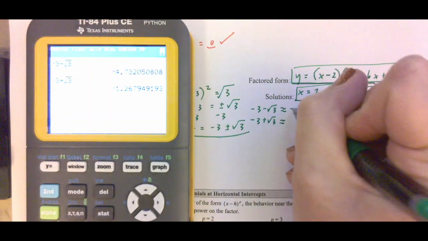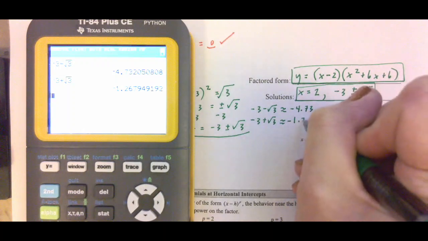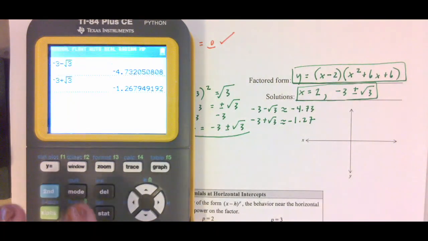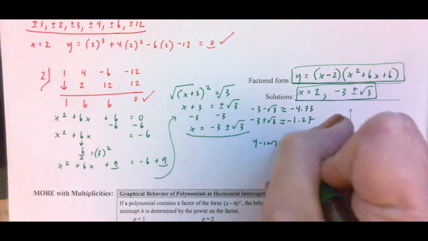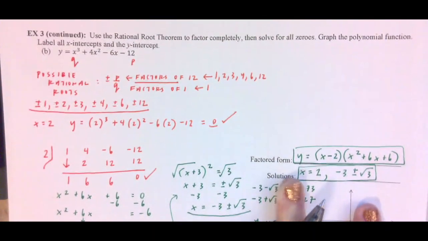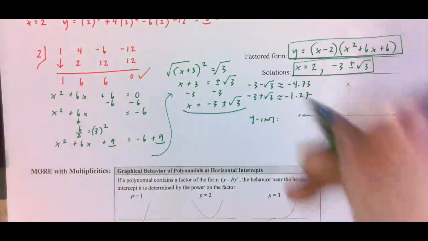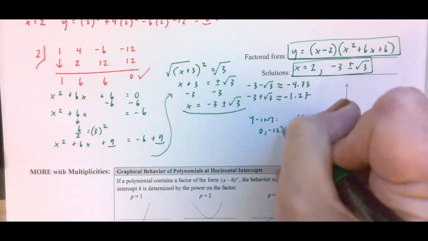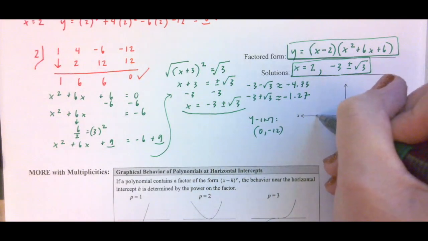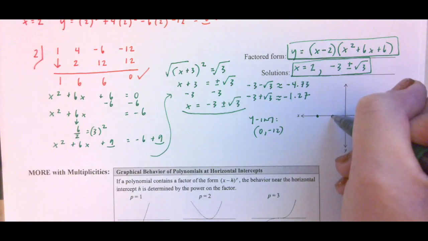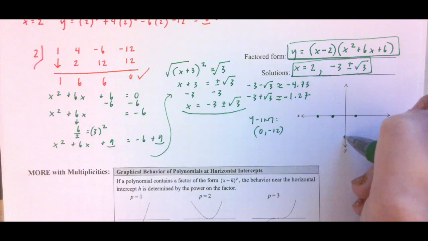So here I get about -4.73 and -1.27. I'm just taking it to the nearest hundredth. And then the y-intercept as well. If I just go back, I can see it right here. So 0, -12. Okay, so if I plot my points, I'm going to write about here and here and here. Okay, and then here's my y-intercept.